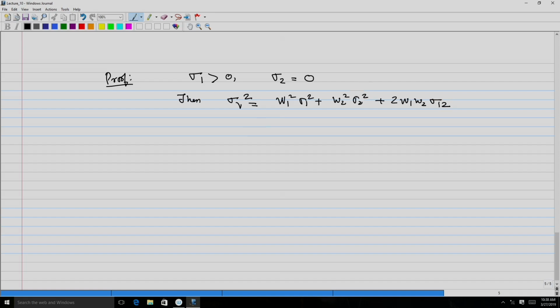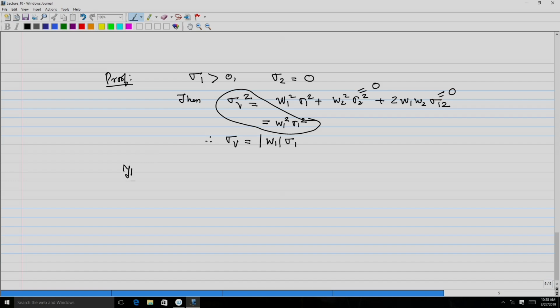Obviously here sigma 2 is equal to 0 and consequently sigma 1 2 is also going to be equal to 0. So, we are only left with the term W1 square sigma 1 square. Therefore, sigma v is simply going to be absolute value of W1 into sigma 1, obtained by taking the square root on both sides of this relation.